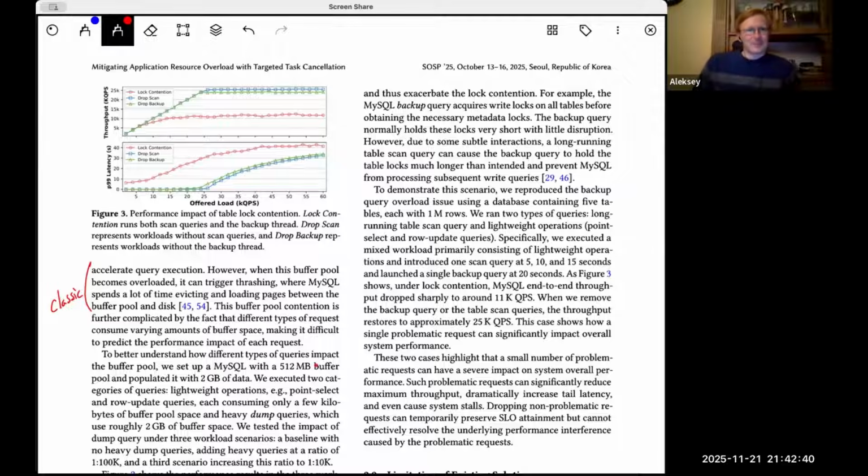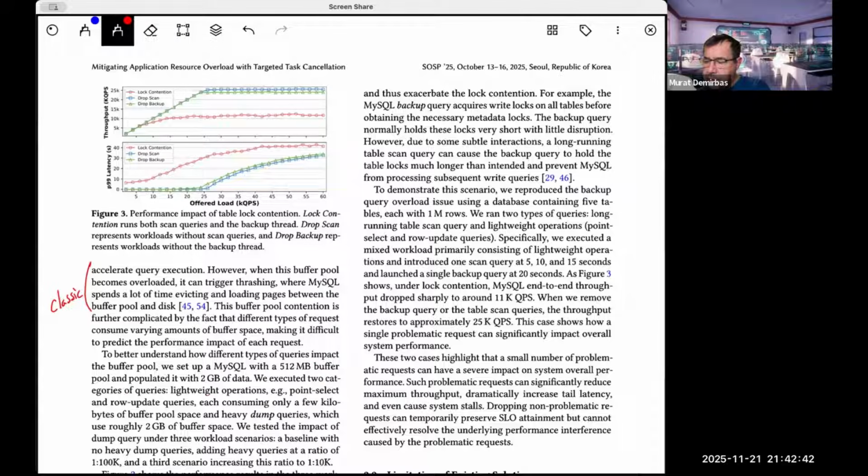To better understand how different types of queries impact the buffer pool, we set up a MySQL with a 512 megabyte buffer pool and populated it with 2 gigabyte of data. We executed two categories of queries: lightweight operations, point select and row update queries, each consuming only a few kilobytes of buffer pool space, and heavy dump queries, which use roughly 2 gigabytes of buffer space, the entire data space.